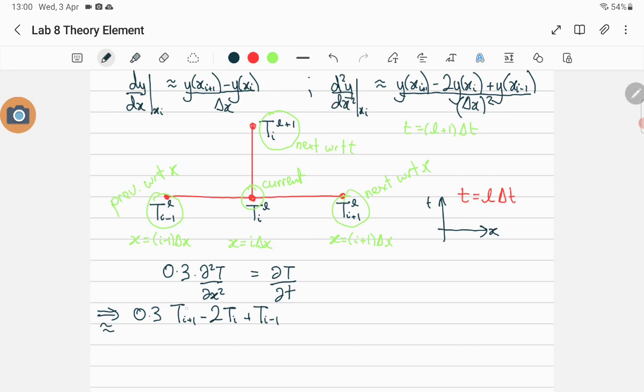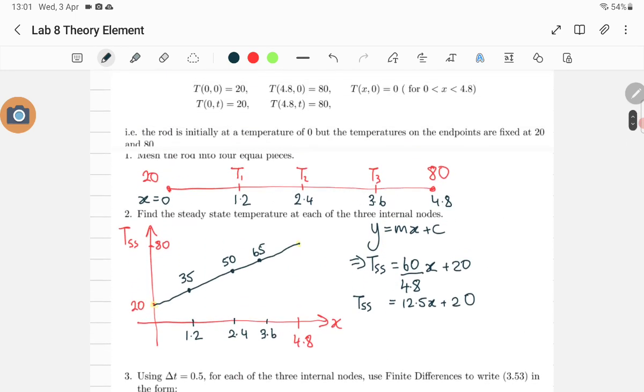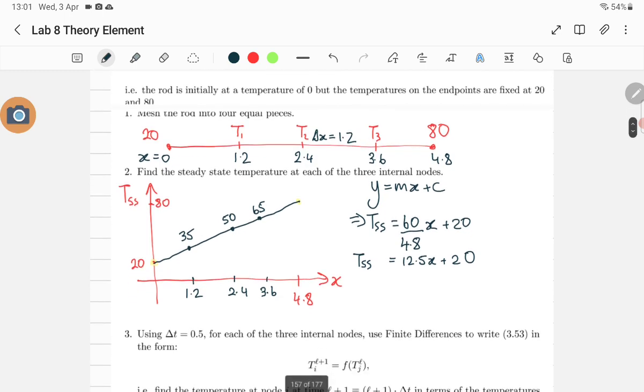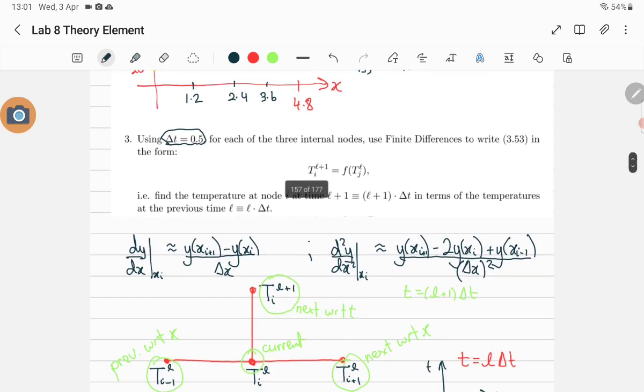It's L delta t, and how we signify that is with an L, L, L, divided by delta x squared. Now we actually do know delta x here because we've meshed our rod up. Delta x is the distance between these, 1.2. And here it says using delta t equal to 0.5, so we'll put that in as well.